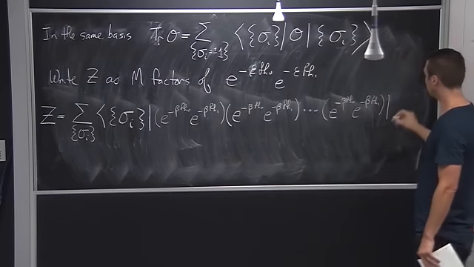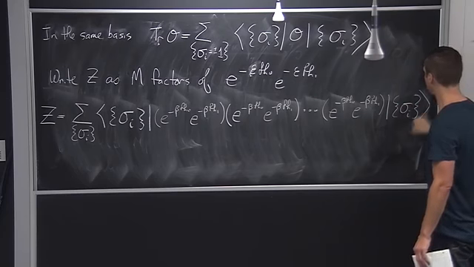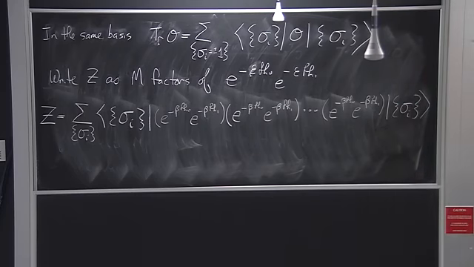And let's see. Right, and the trace is the sum over those diagonal matrix elements. And in between every one of those m products, I'm inserting the resolution of the identity here.